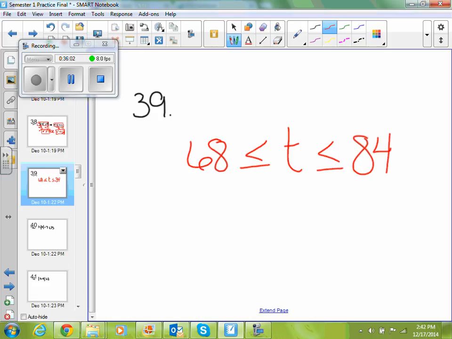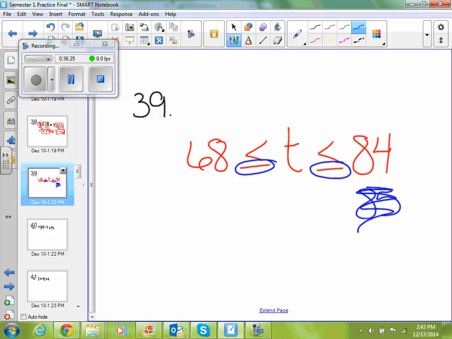But if it said the high temperature is 84 and we had 85 here, it obviously couldn't equal 85 because it only got as hot as 84. So that's why you would use these, because it did equal 68, it equaled 84. It can equal those.